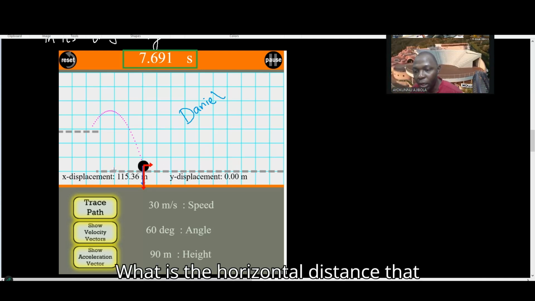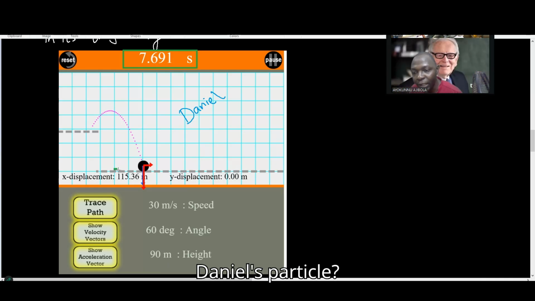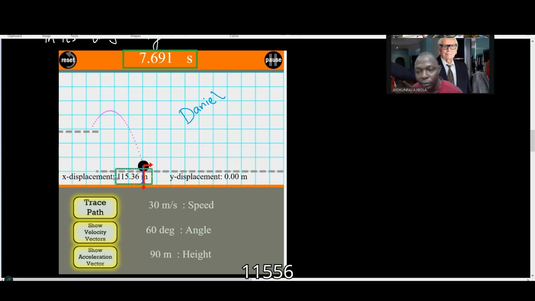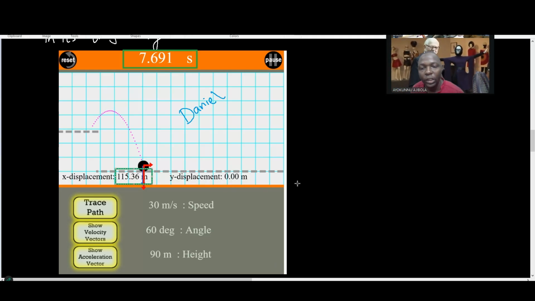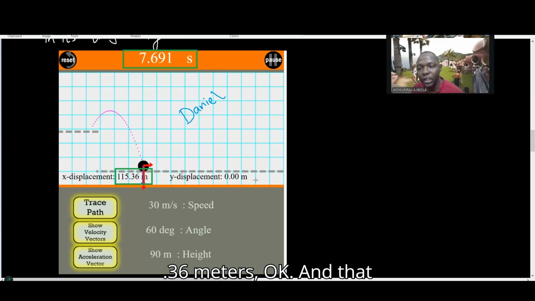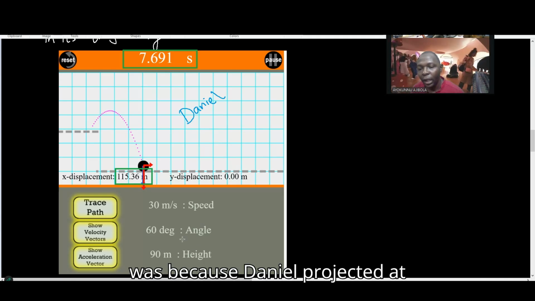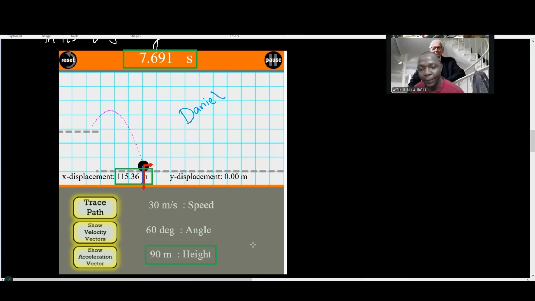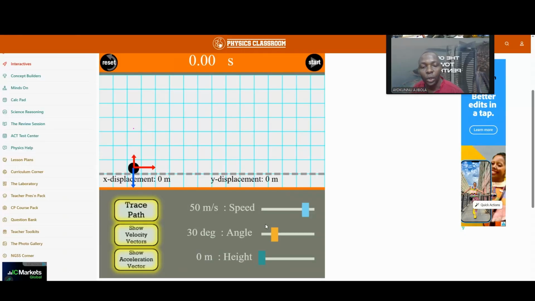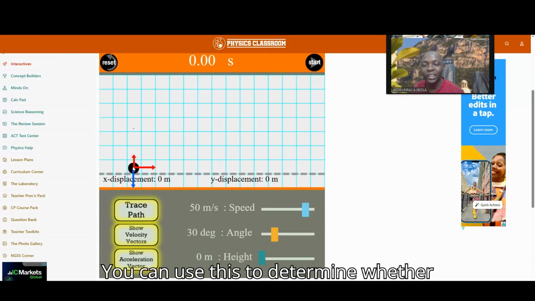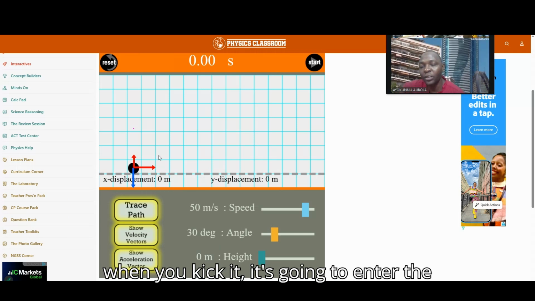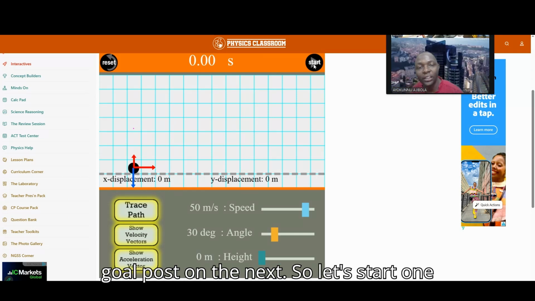What is the horizontal distance that Daniel's particle travels? 115.36 meters. Okay, and that was because Daniel projected at 90-meter height, right? Yes, sir. Festus, you can use this to determine whether, when you kick it, it's going to enter the goalpost. So let's start.